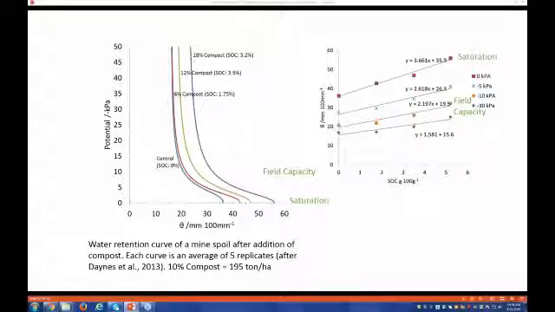Even if it doesn't increase the water holding capacity a lot, it's still helpful and useful, especially in farm cropping soils, which have been depleted in organic carbon, to get them back to what they should be.